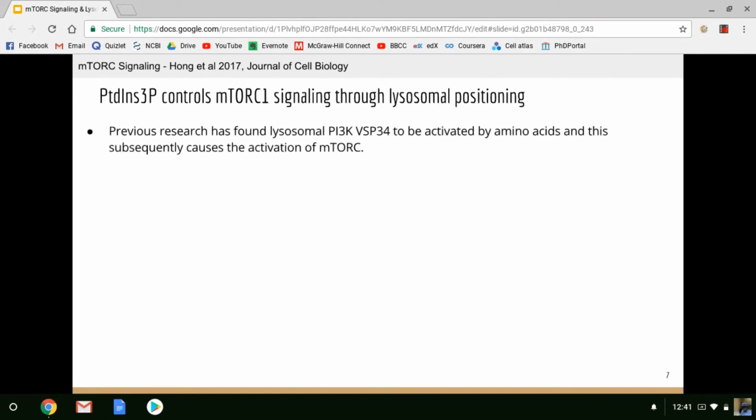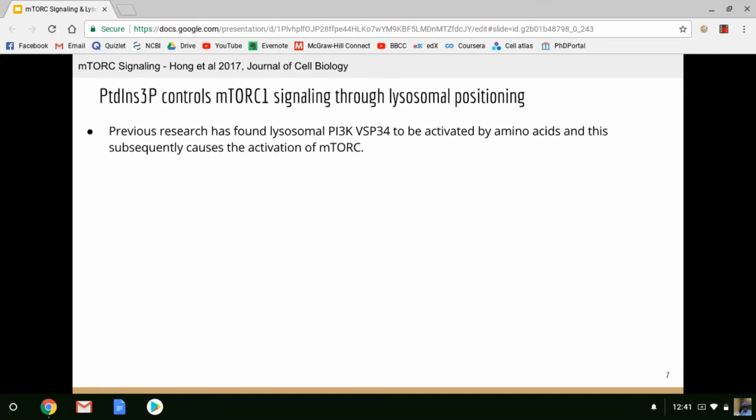So previous research has found that the PI3K called VPS34 can be activated by amino acids, and this causes the activation of mTORC. So VPS34 is a major phosphatidylinositol 3-kinase that is also critical for autophagy, but we won't get into that.